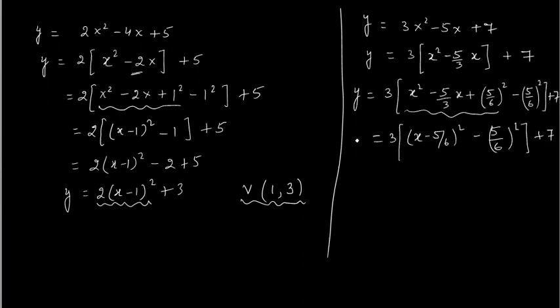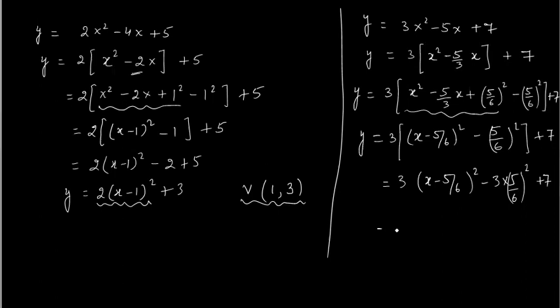Now multiply this 3 inside the bracket, we get 3 times (x minus 5 by 6) whole square minus 3 times (5 by 6) whole square plus 7. Let us solve this.